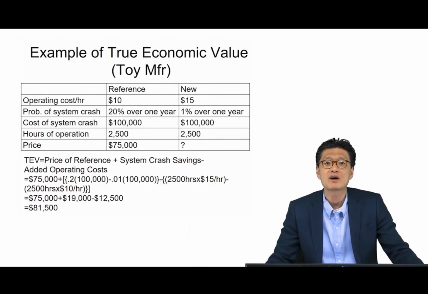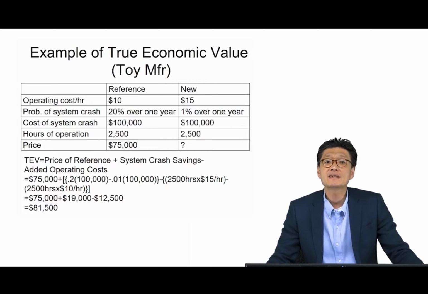So the operating cost per hour is $10 for the reference. It's $15 for the new. The probability of system crash, so the probability of this air filtration system crashing, is 20% over a year for this reference product, for the existing product in the market, whereas for this new product, it's only 1%.